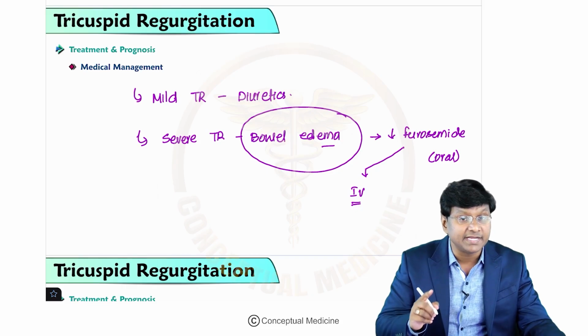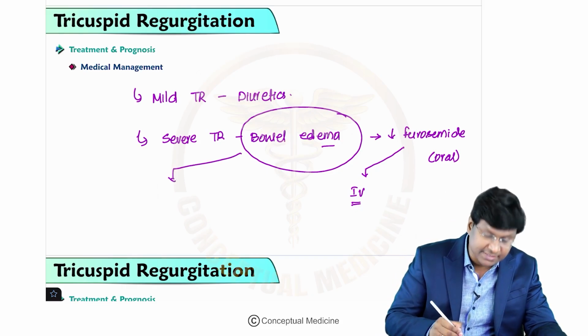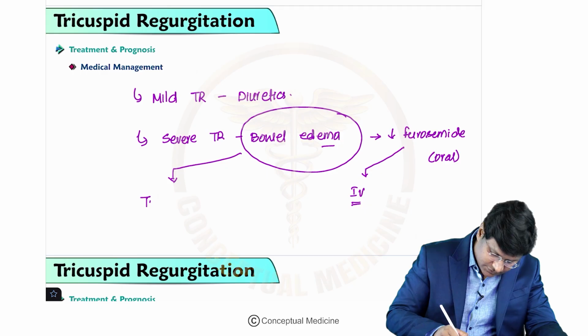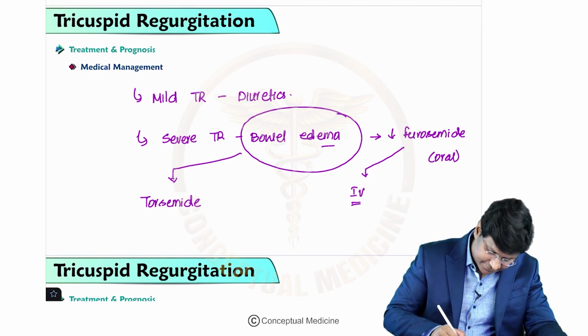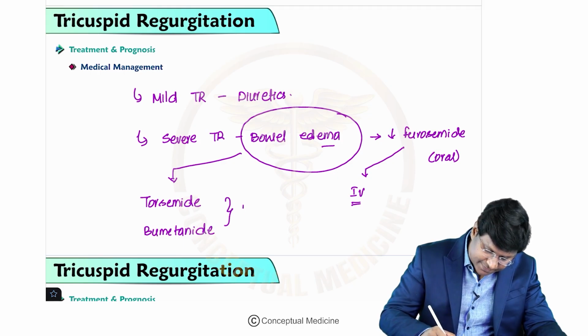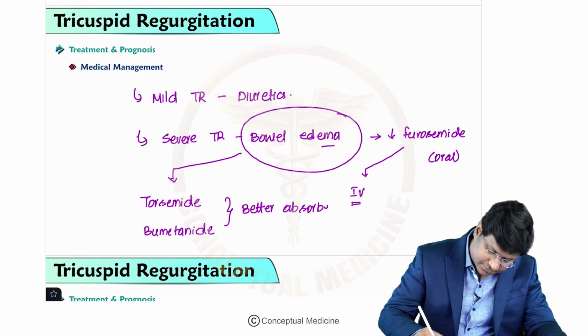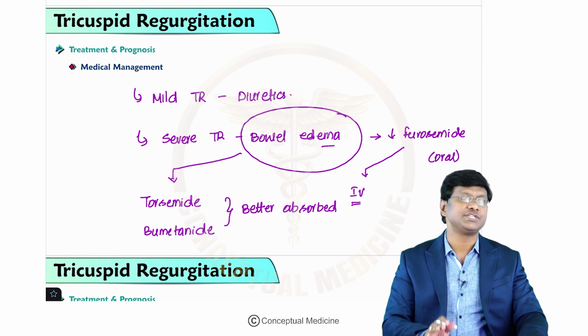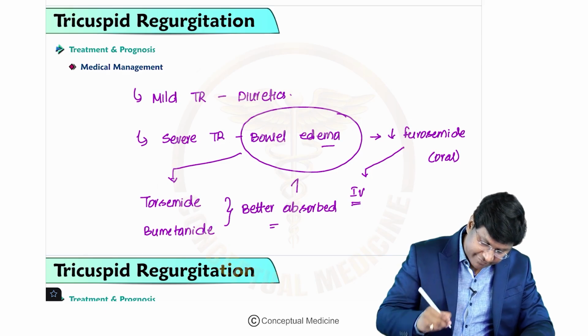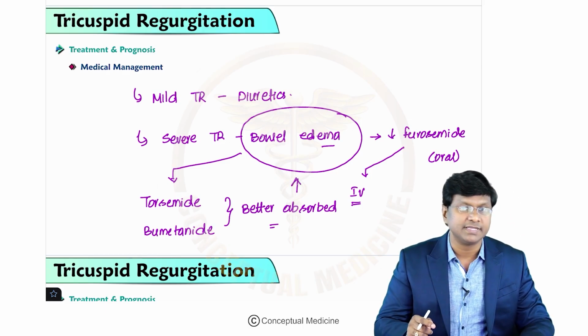And to reduce this bowel edema, the diuretics that can be given safely are torsemide and bumetanide. These drugs are better absorbed when oral diuretics are added, so they have good absorption even though bowel edema is present.